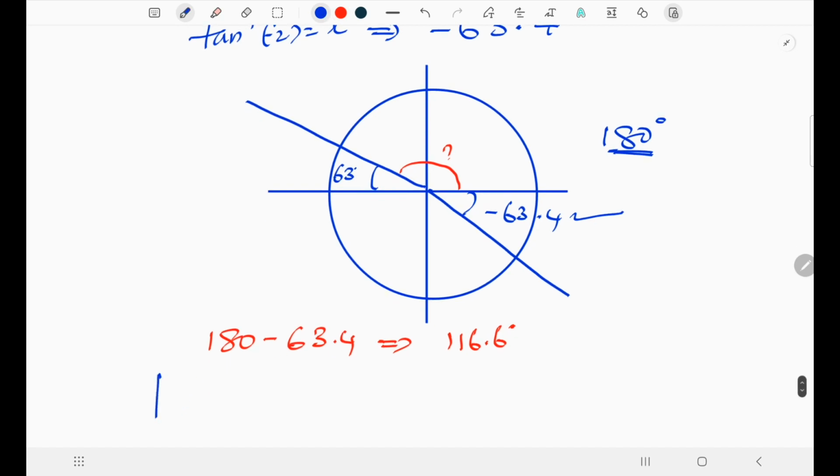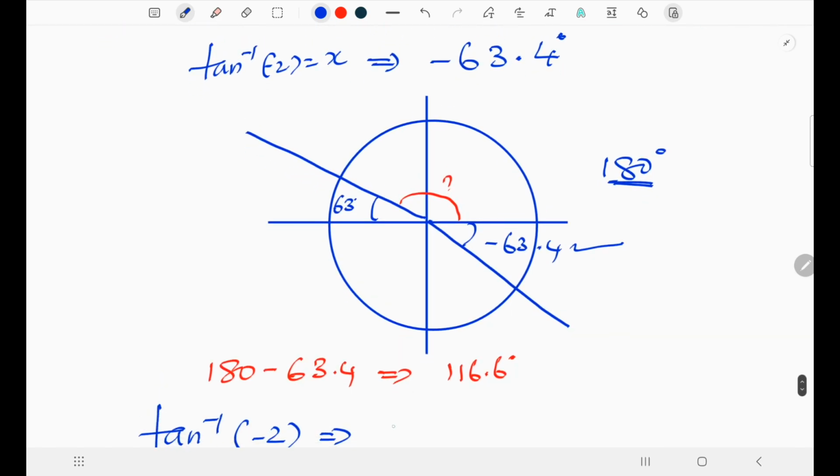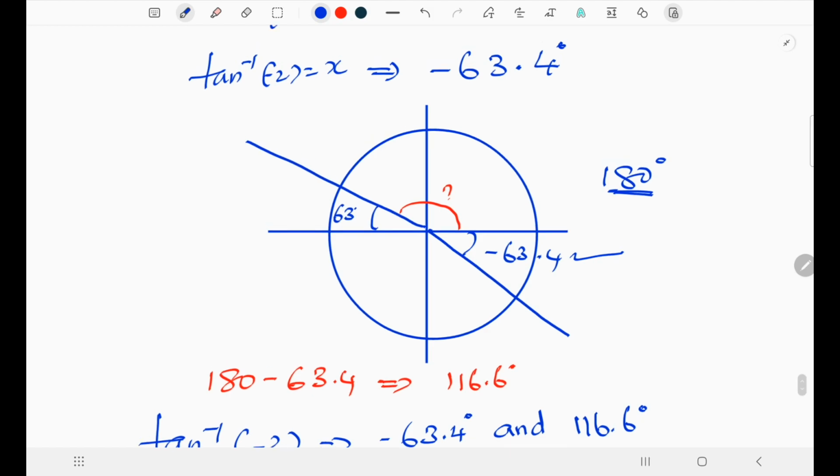Okay, so I change the color. So we have tan inverse of minus 2 having the degrees minus 63.4 degree and 116.6 degree. So why only 2?